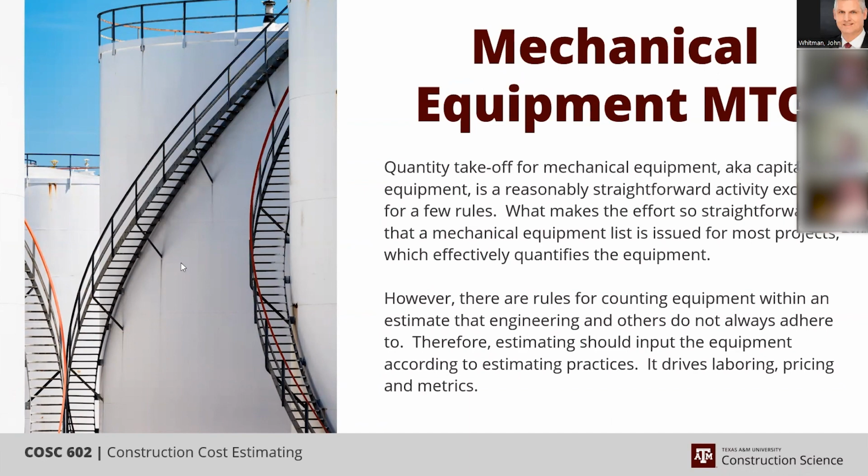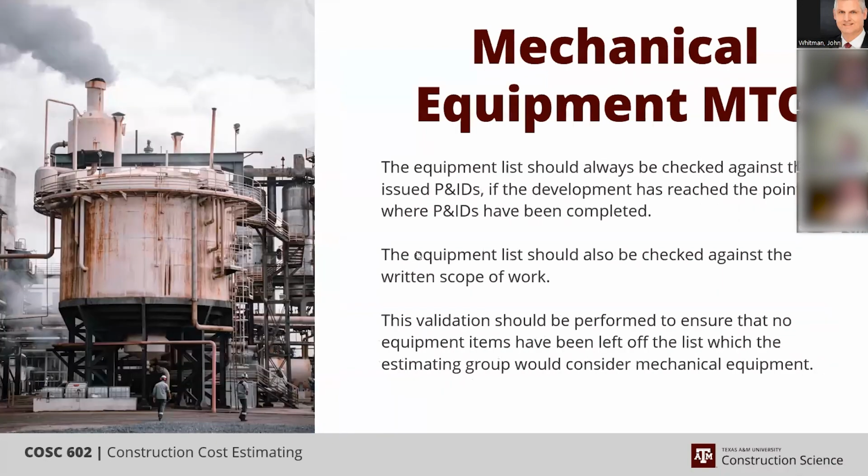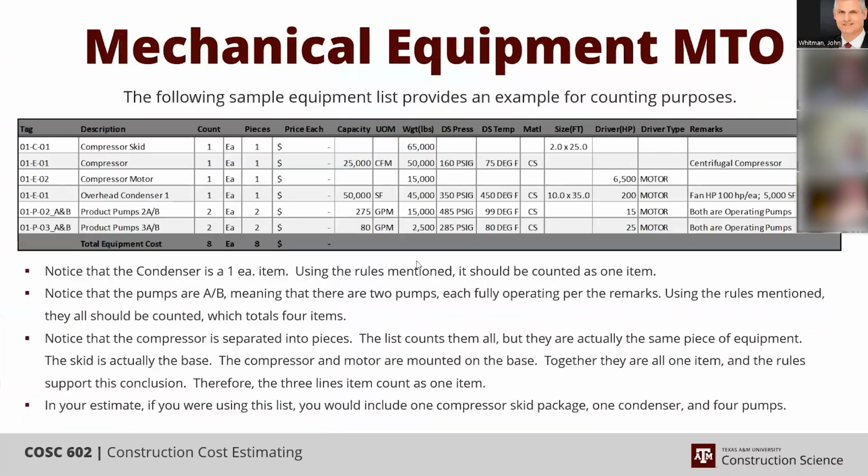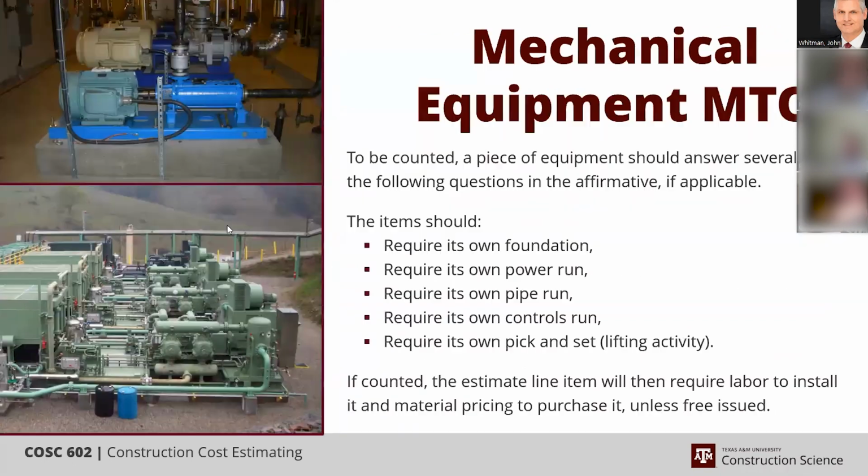So the MTO for equipment is extremely simple, because basically you've got equipment that looks like this, and it says, here's your equipment and here's your count. And so there you have it. It's that straightforward. Where you have to be careful is going back to key quantity and whether you should count the equipment or not.